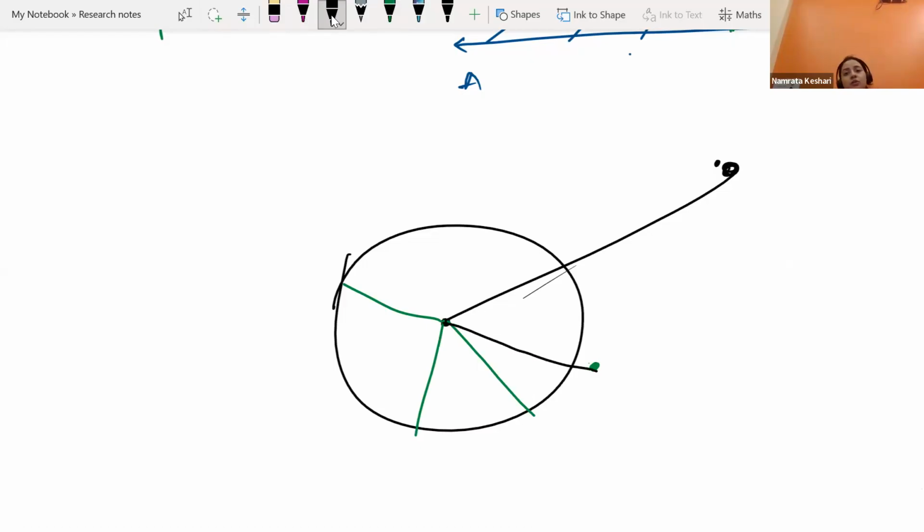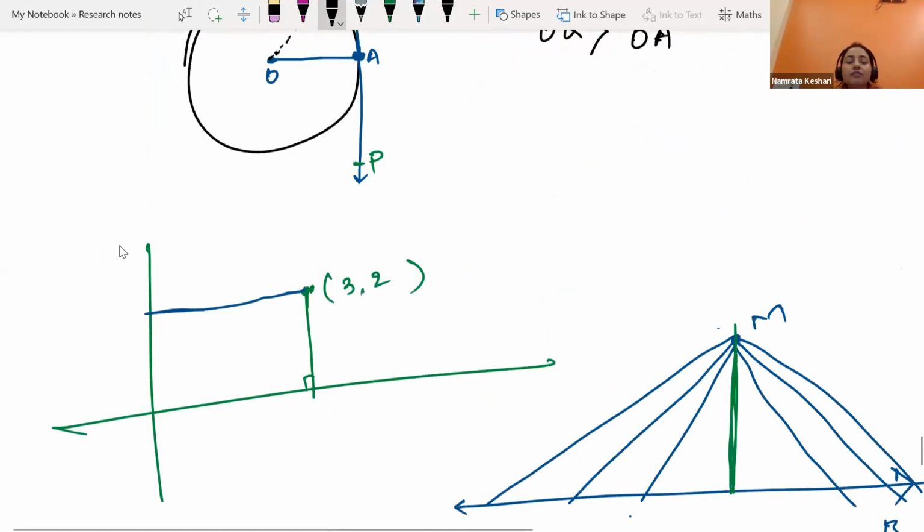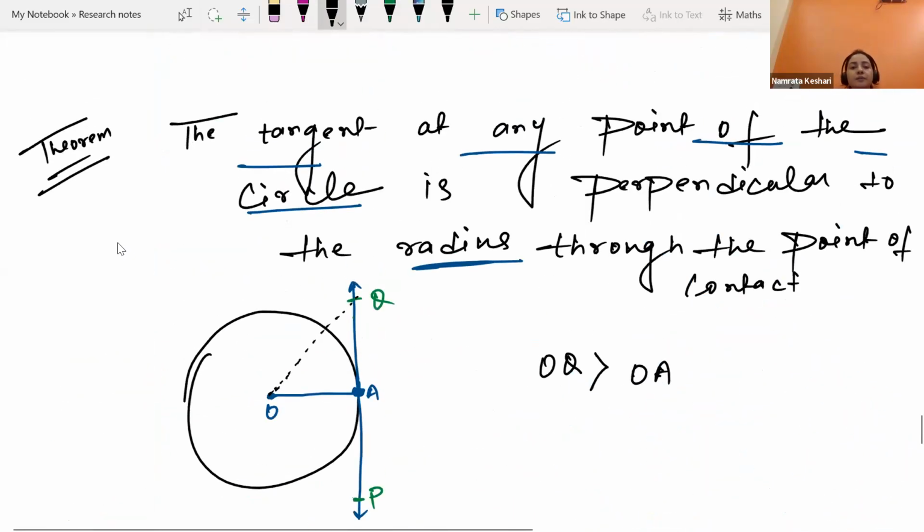Yes or no? It will be. Galvin, Fazan, are you getting it?